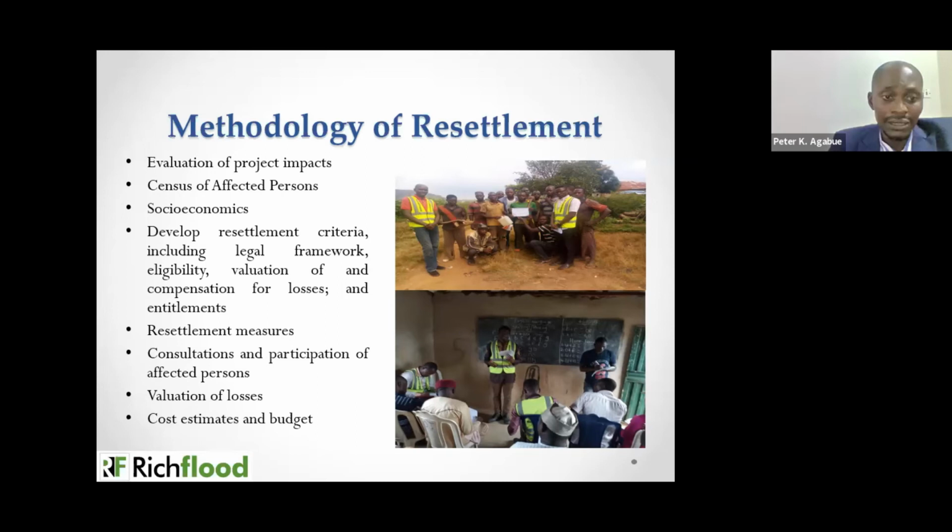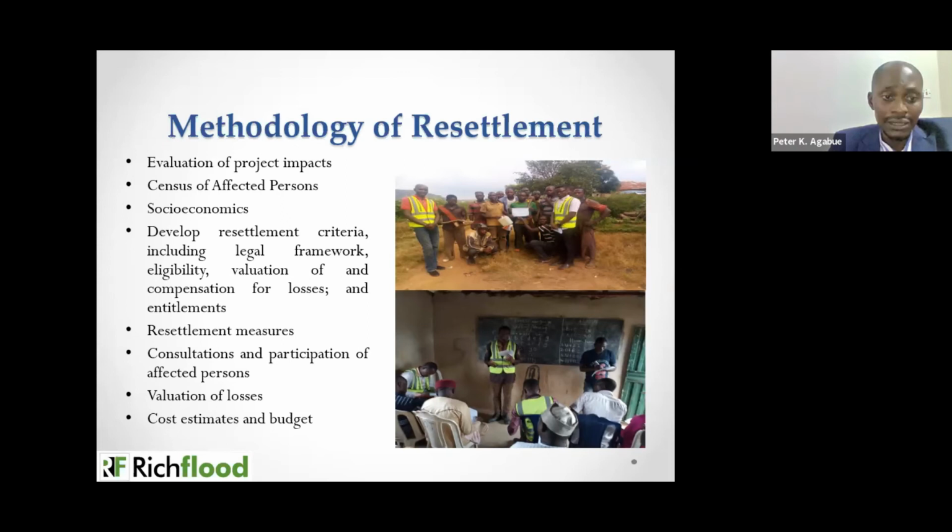So it's good to have resettlement criteria, and this resettlement criteria should include the legal framework where you show eligibility, the valuation, and then the compensation for losses.